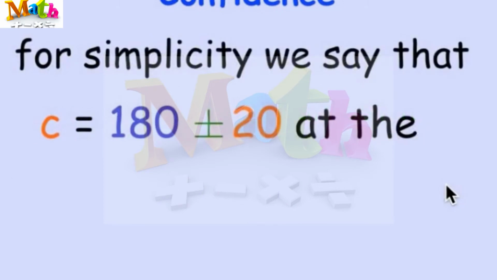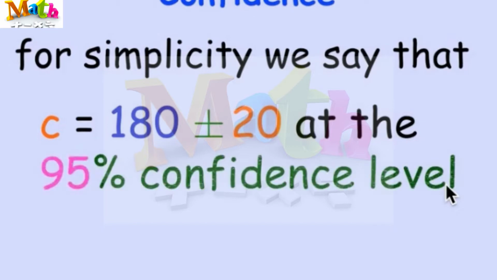Now, this is a long thing to say to the EPA, and what we'd like to go back with is language that says that we think the real average C is probably within 20 of 180 because that's what our tests seem to say, but we're not allowed to talk about the probability that C has some value or other.